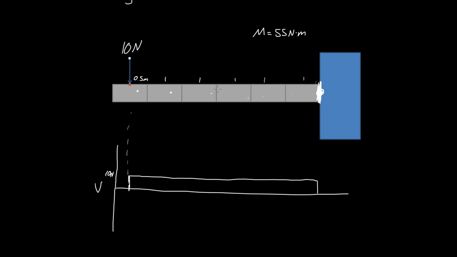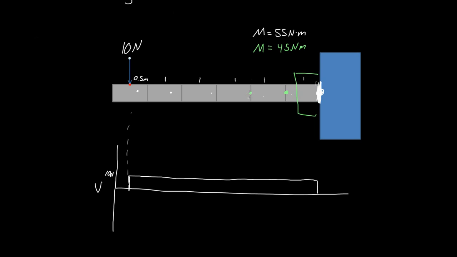But what about the moment maybe right here? Well, if we just pretended that this didn't move or rotate at all, if we looked at the moment right there, this must have some internal resistance to moment. So let's find out what that internal resistance is. It must counter this 10 newtons. So that's 0.5, so the moment for this point right here would be 45 Newton meters.